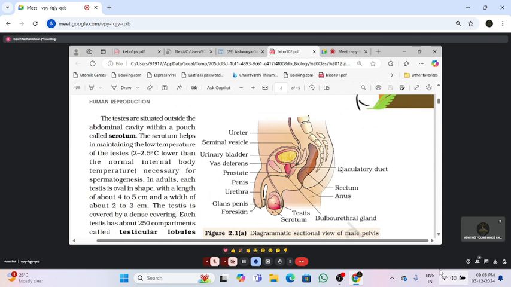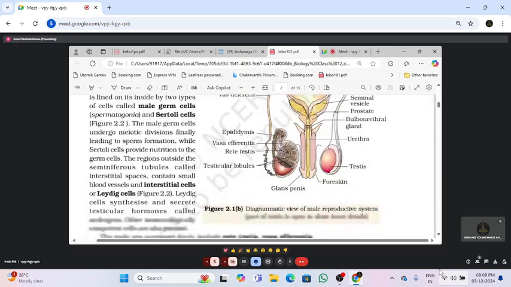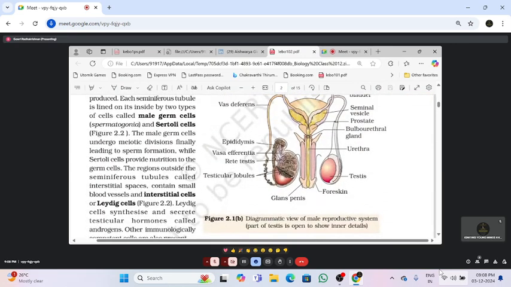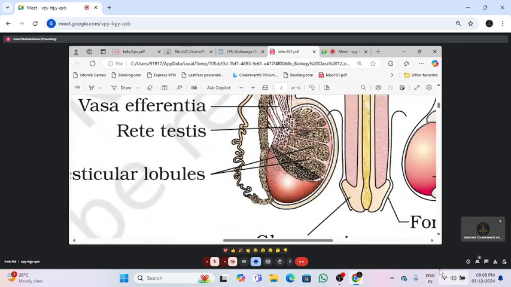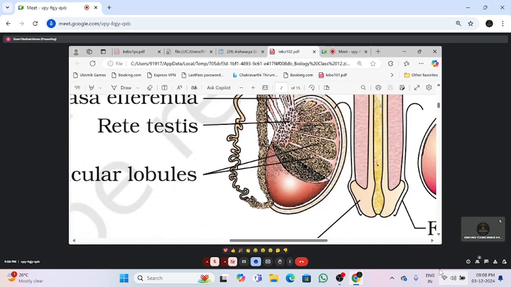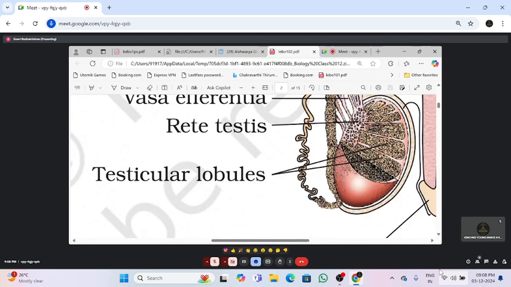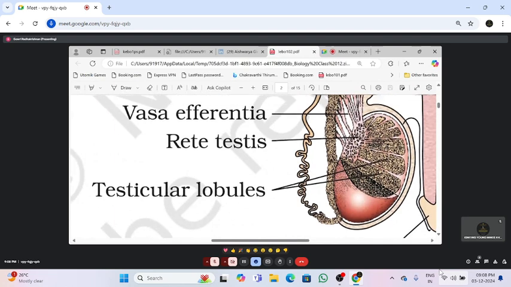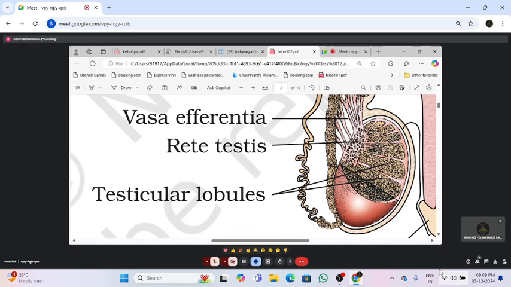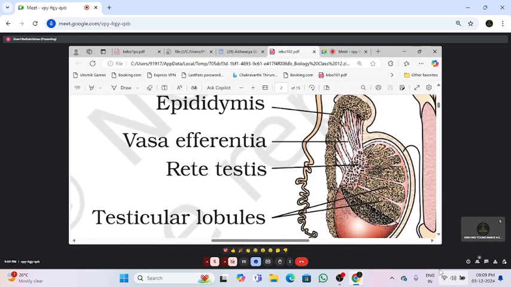There are two testes, and when you take a cross section, it has testicular lobules, and from that comes the rete testis, which is taken outside through the vasa efferentia.